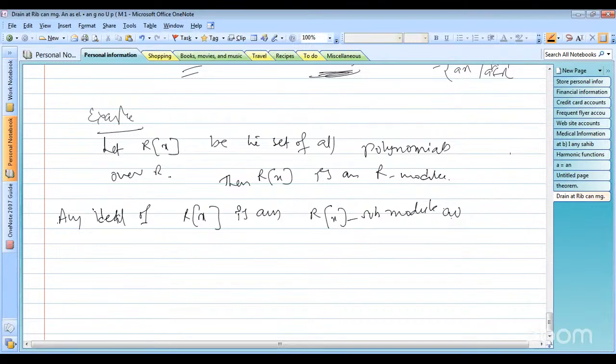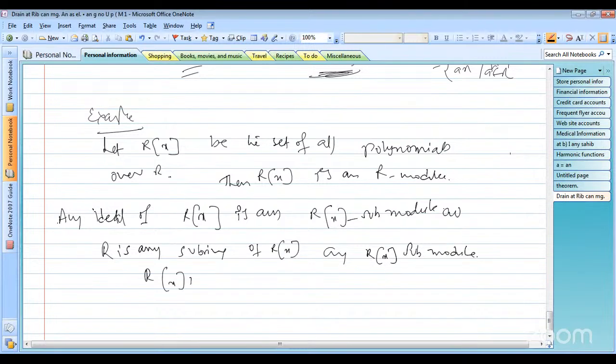But in fact, we are taking R as a subring of R[x], any subring of R[x] we are taking here. Any R[x] submodule is an R submodule, therefore we are writing this.